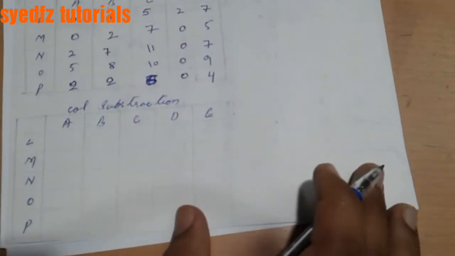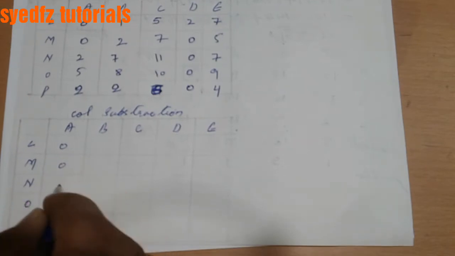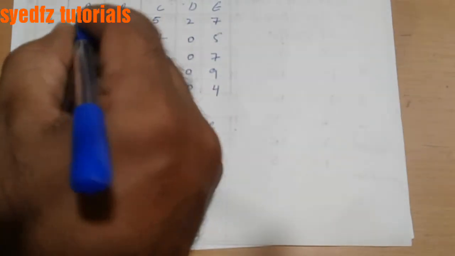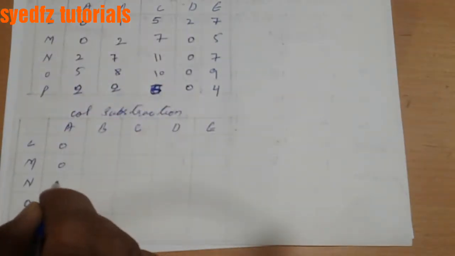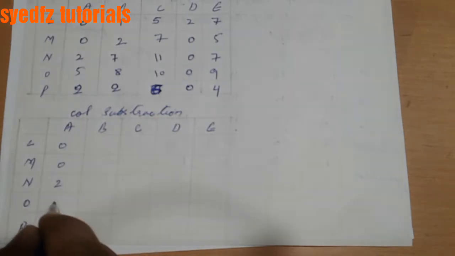How can we do the column subtraction? Where the minimum value is 0, deducting 0 from anything leaves the same value.